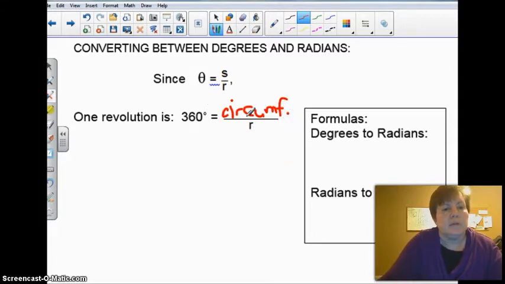Circumference is also denoted by the formula 2 pi r. And if we simplify that, r divided by r is 1, so that's simply 2 pi. And all the while, it's equal to 360.